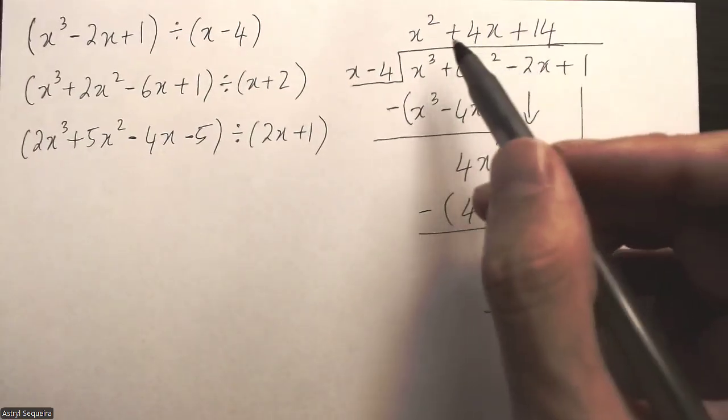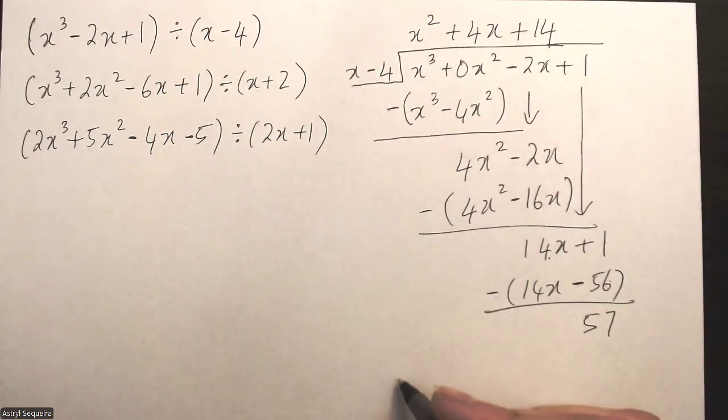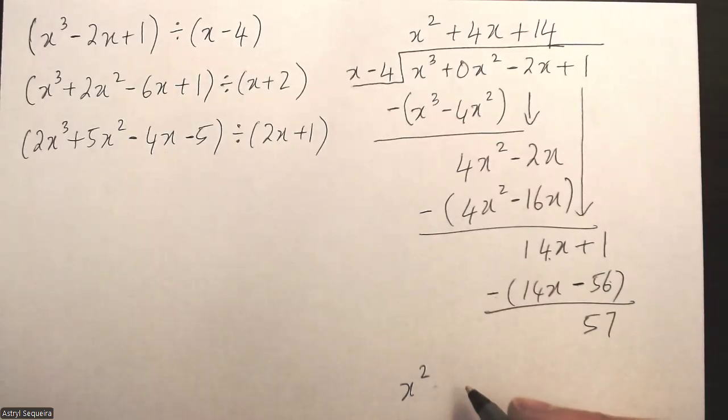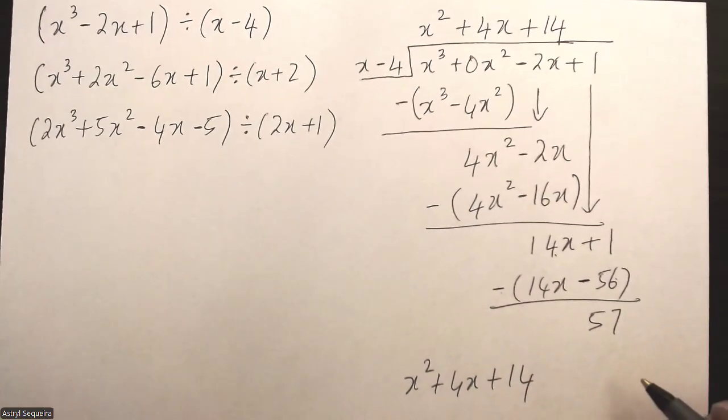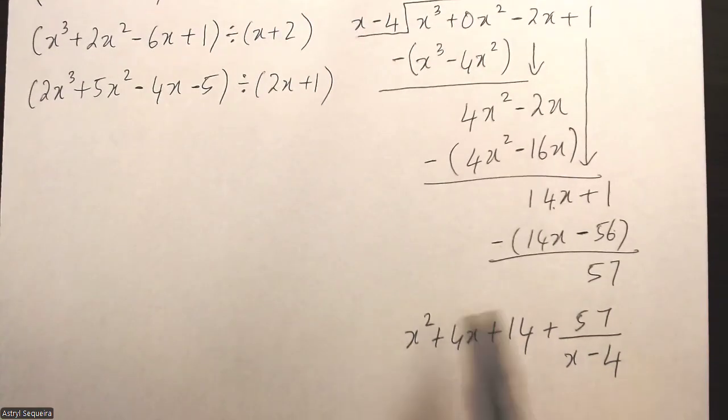So my final answer, I can write my quotient first, x squared plus 4x plus 14, and then you can write your remainder, so plus 57 over your divisor, which is x minus 4, and this is one of the final ways.